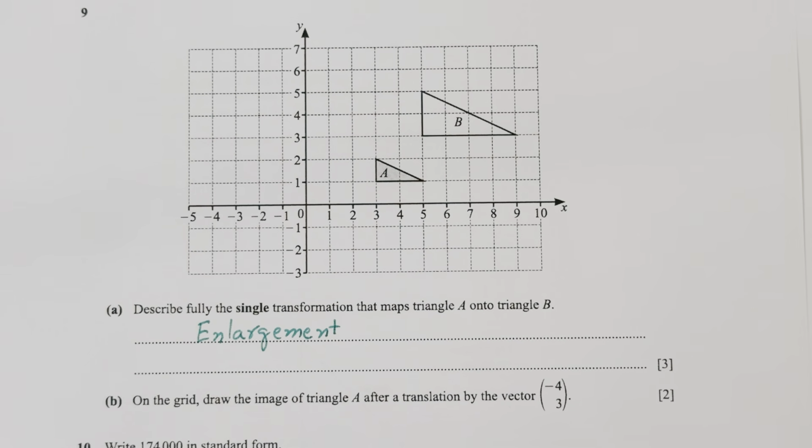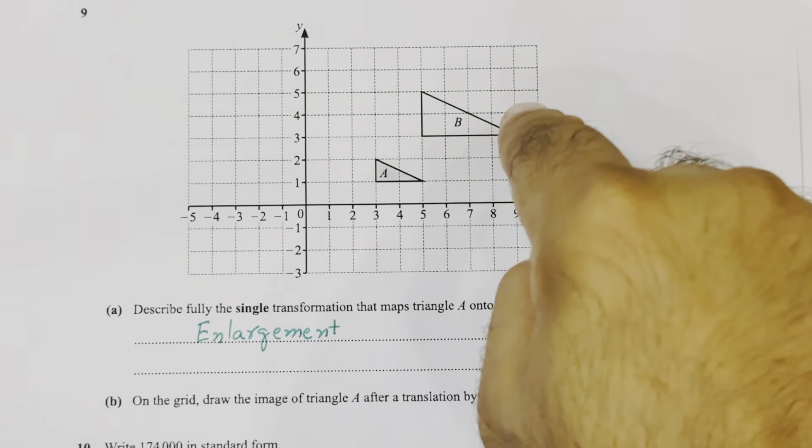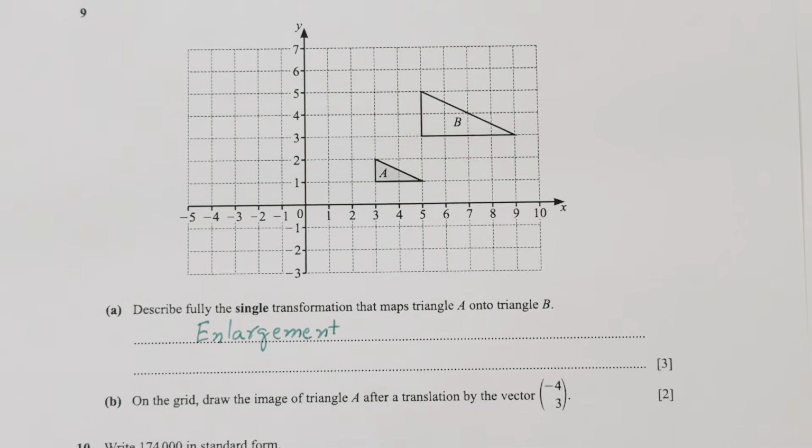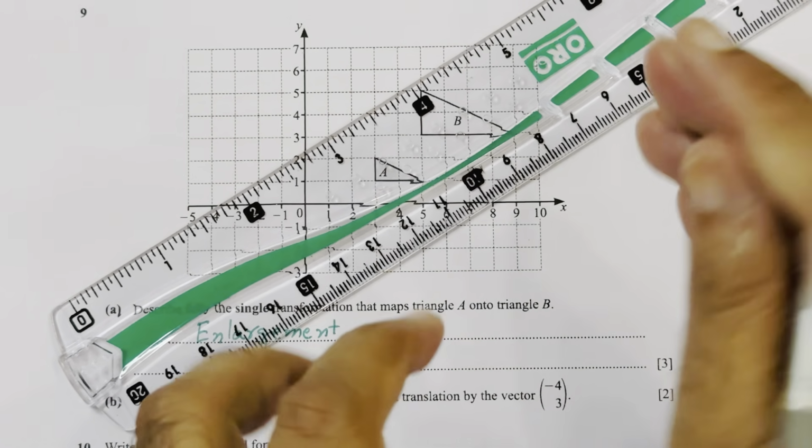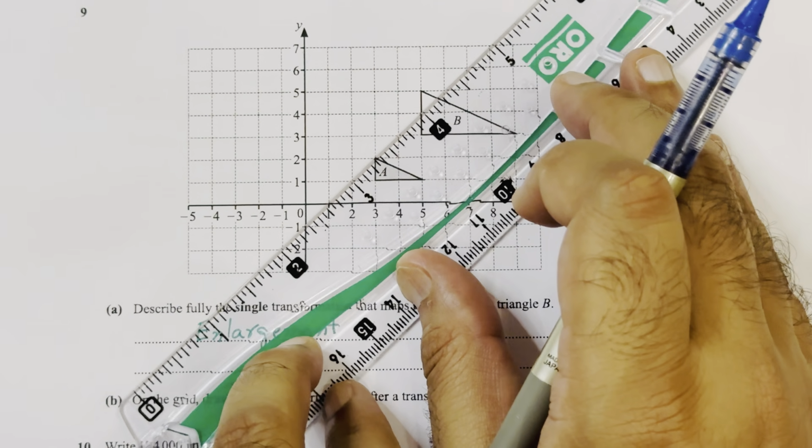Now we need to find the center point. How can we find the center point? By extending those lines, and the point where they intersect would be their center point.